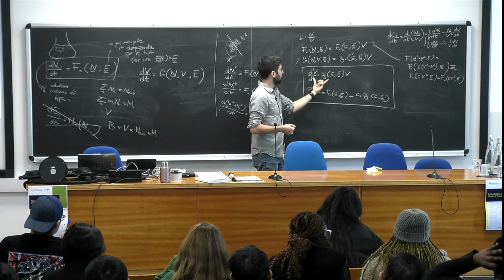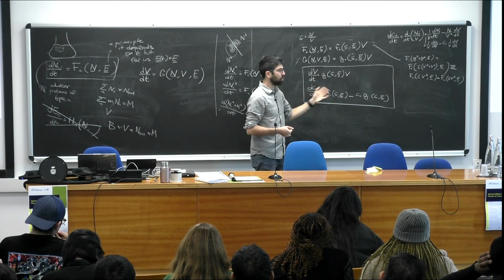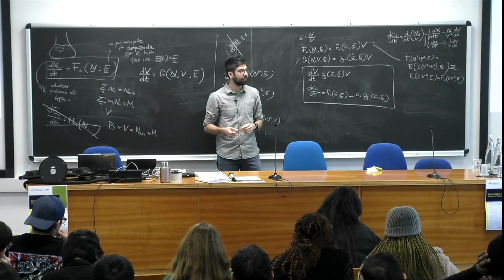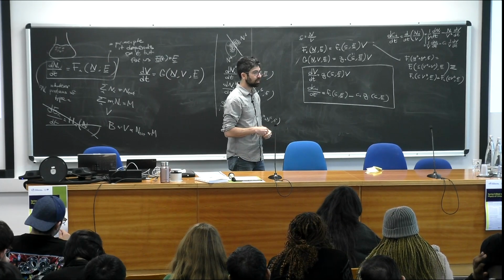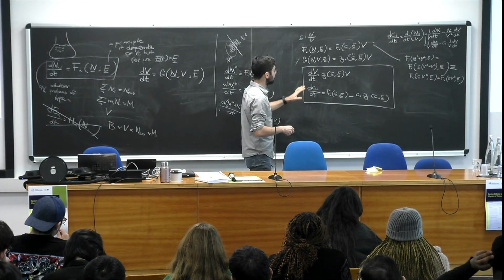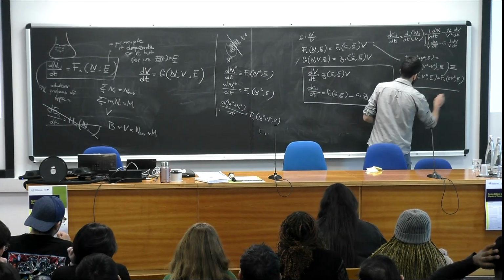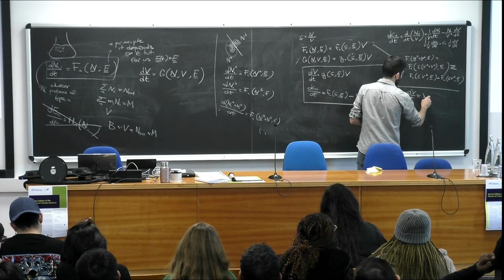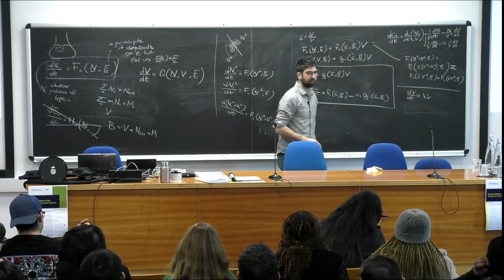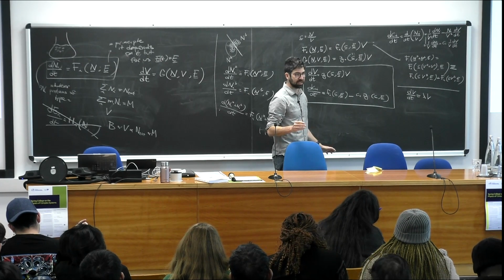So what does exponential growth correspond to? Imagine that you have this equation. Because if you put the V on the other side, you can write ln of the... So what is exponential growth? Exponential growth is dV/dt equal to some lambda V. This is exponential growth.